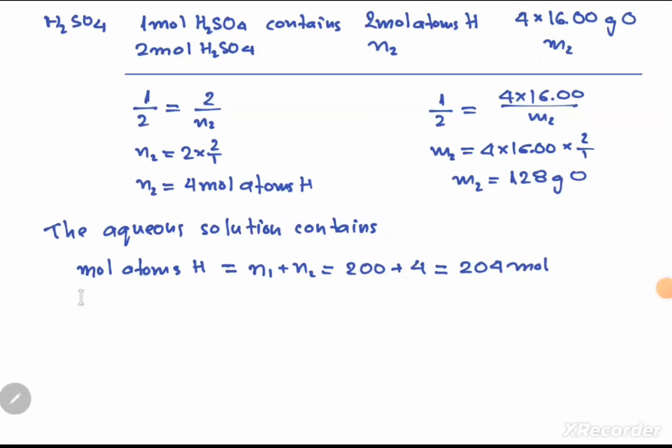And mass of oxygen equal M1 plus M2 equal 729 grams.